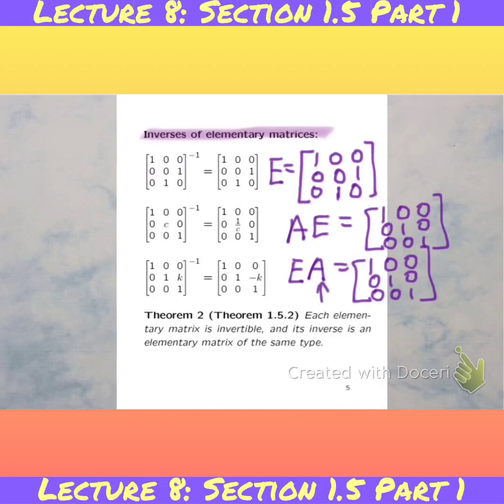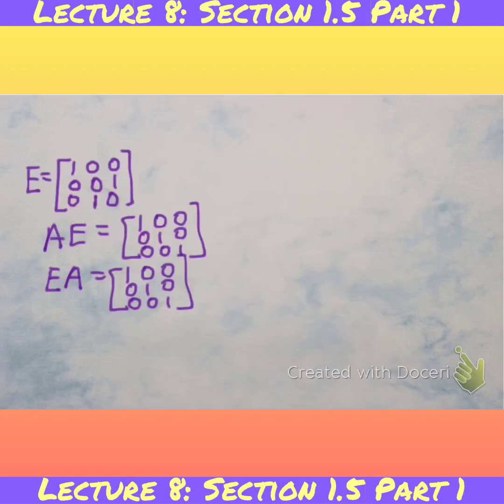We are going to apply our product rule for elementary matrices. We know from the previous theorem that we know how to calculate the product of an elementary matrix with another matrix. So that is what we're going to do now. So what do we need A to look like? Okay, so this is a straightforward procedure.